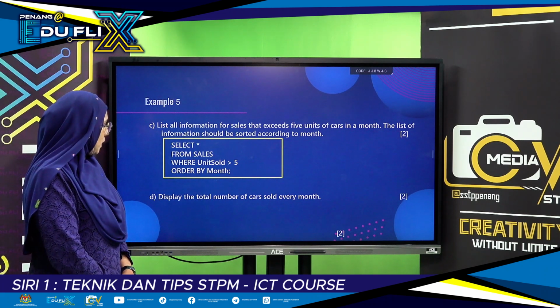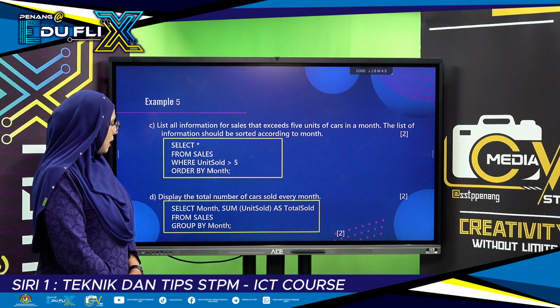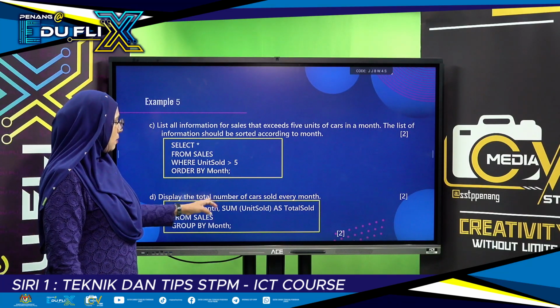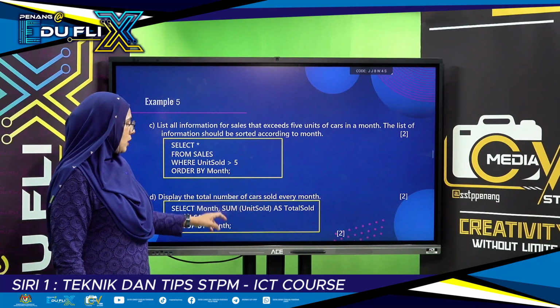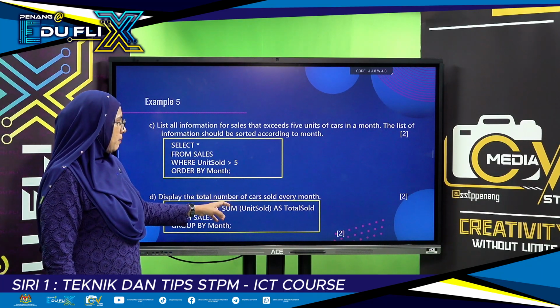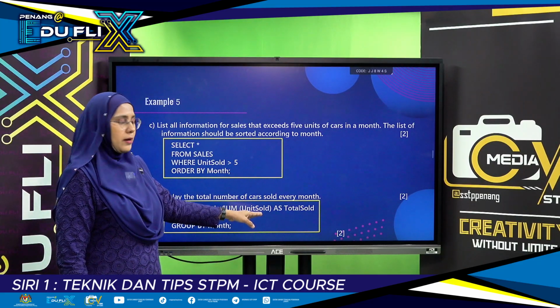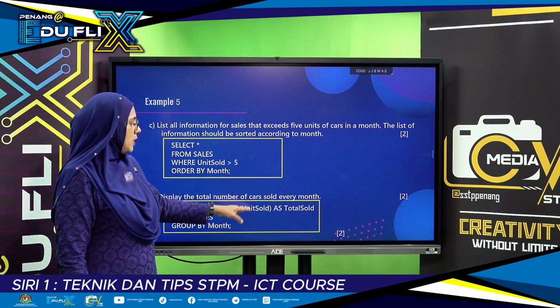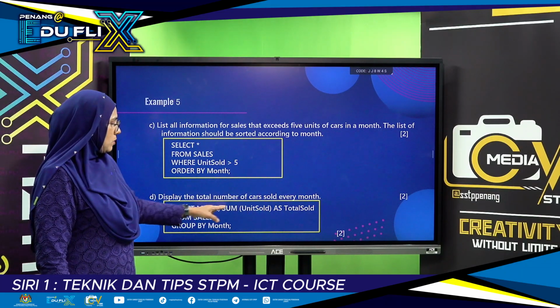Next, display the total number of cars sold every month. So SELECT month, total number of cars, meaning you have to calculate the sum. So the command SUM. You want to sum the units sold, and the sum will be displayed as total sold.